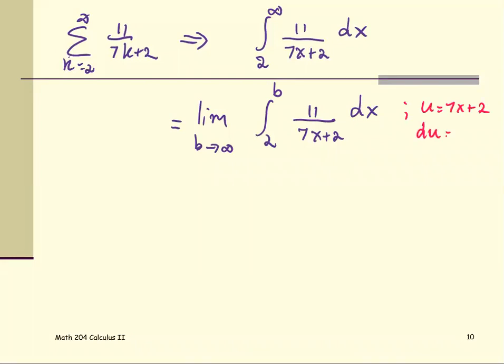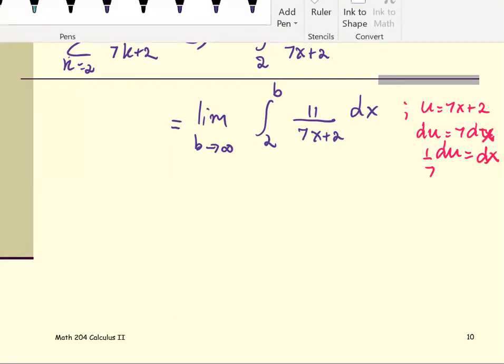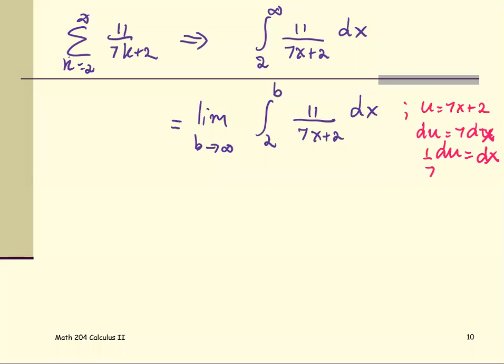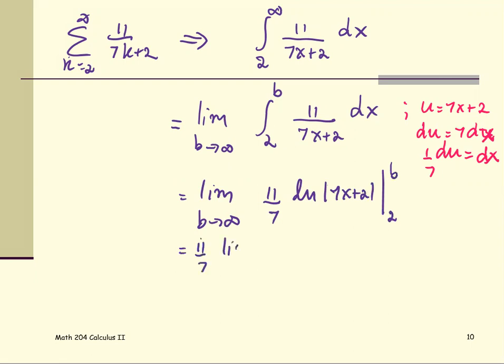So differential u is 7 dx, or 1/7 du equals dx. And this becomes the limit as b approaches infinity of 11/7 natural log absolute value of 7x+2, evaluated from 2 to b. 11/7 as the common factor.